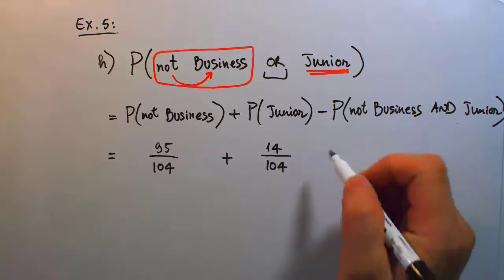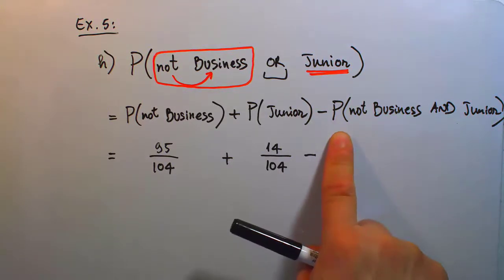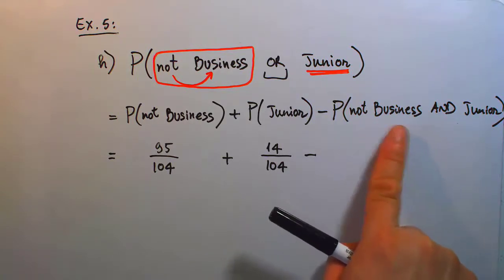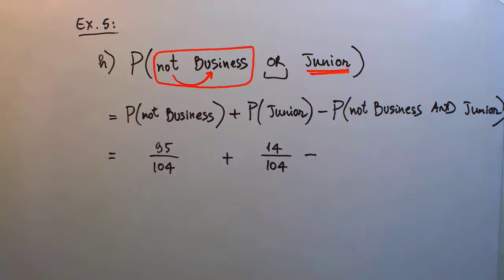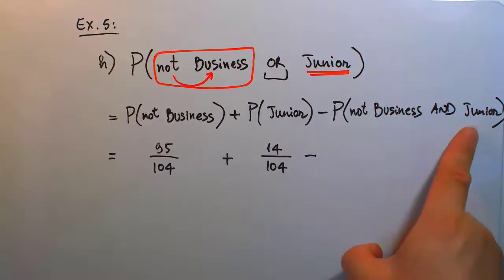And now we are going to subtract. As we have already finished highlighting our columns that meet the events, it's going to be extremely beneficial to find this probability. All we have to do is look back into our table, at the intersection entry between the light purple color and the light pink color. These intersection entries give the total outcomes for those being not business, outside of the business major, but in the junior class.